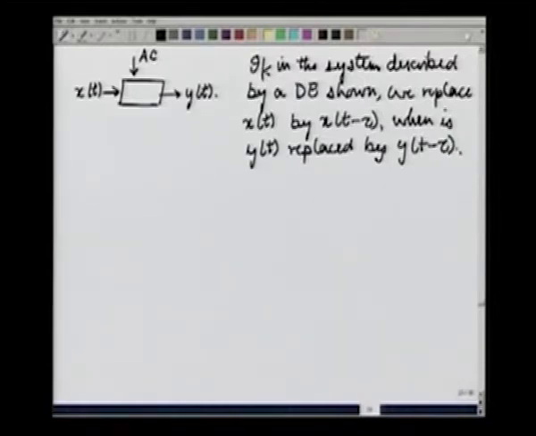It would have been so nice if we did not have this problem of auxiliary conditions. If there had been no auxiliary conditions to bother about, then clearly xt minus tau would have simply yielded yt minus tau. But there are auxiliary conditions, always there are auxiliary conditions, except for the case of a 0th order system, which is too trivial to interest us.